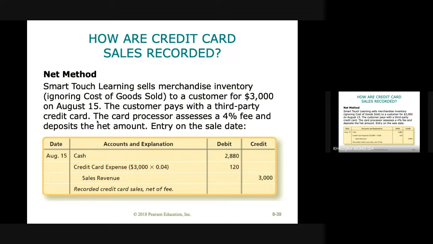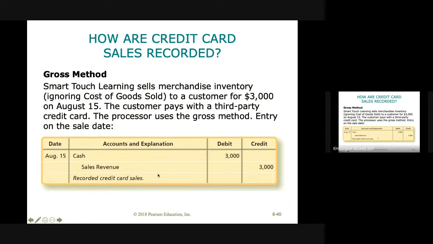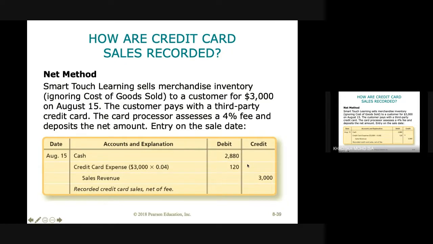So the entry that you need to do means that your sales is $3,000, but what you get is less than that. Because why? Having a credit card, the company has to pay a certain fee to the bank, right? So that's why you get less, the $120 you have to pay to the bank.